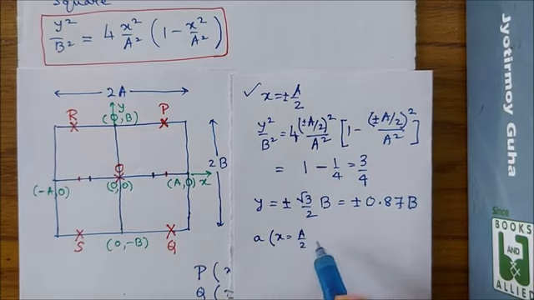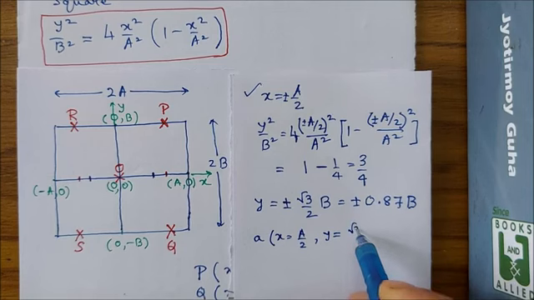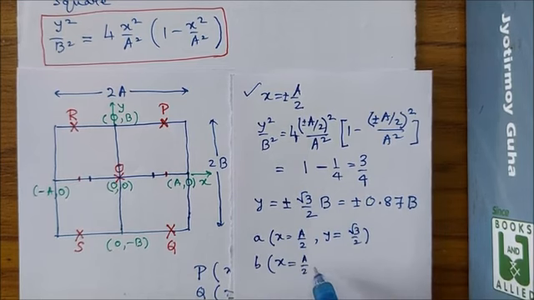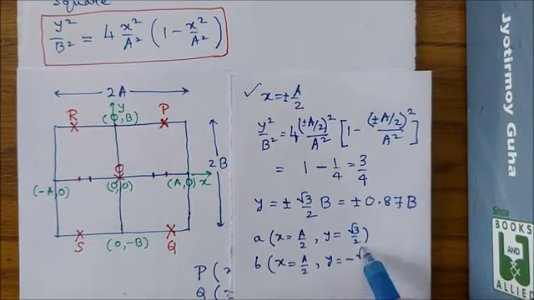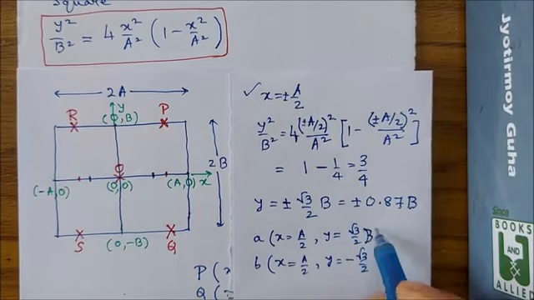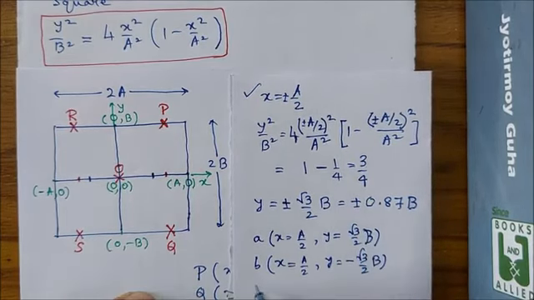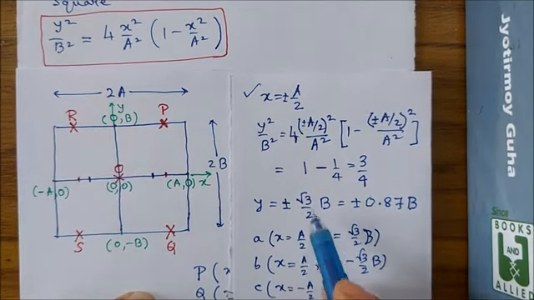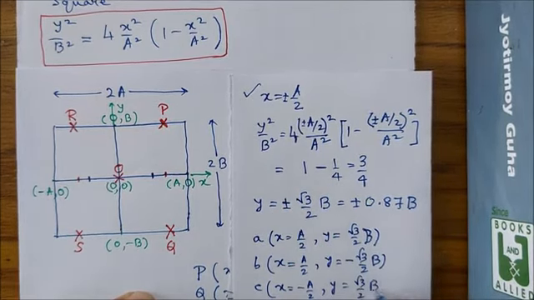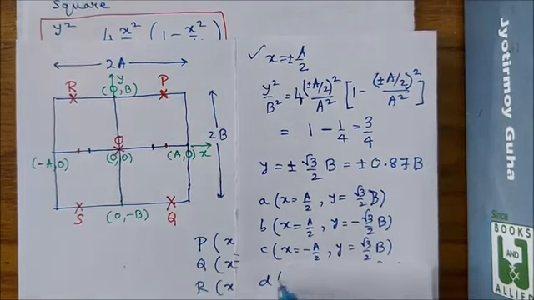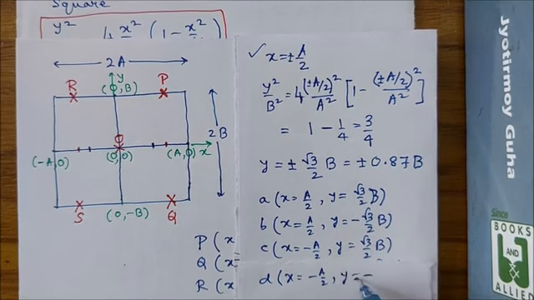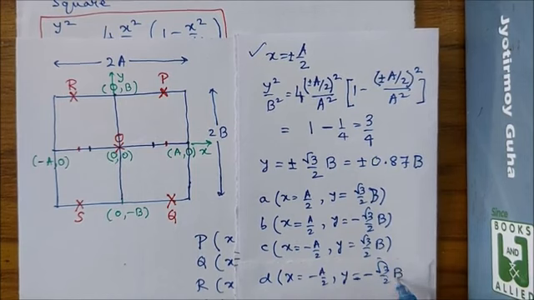Let us call them A, which is x equal to a by 2, y equal to root 3 by 2 b. Next point is B, and now y is minus root 3 by 2 b. Then we have C, x is minus a by 2, y is root 3 by 2 b, and finally D is y is minus root 3 by 2 b.